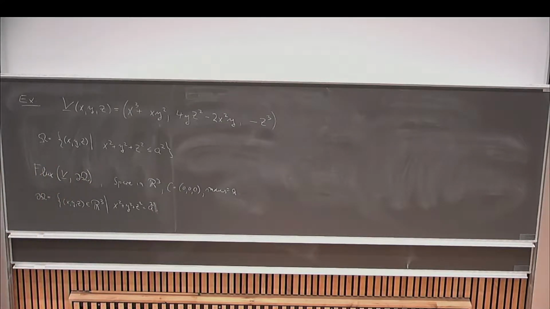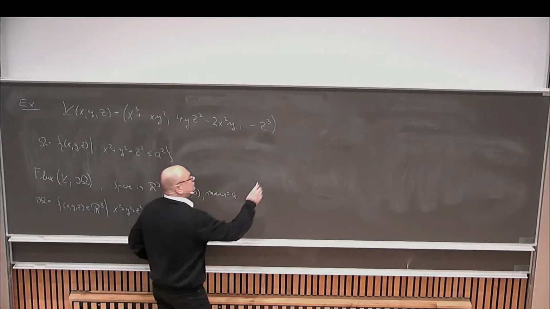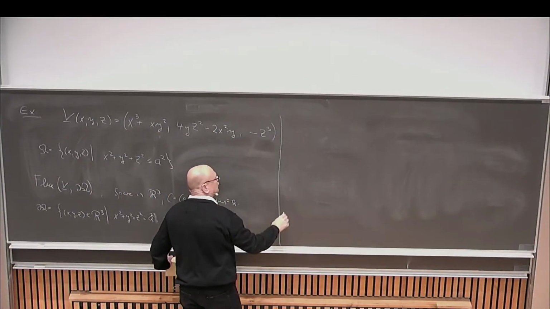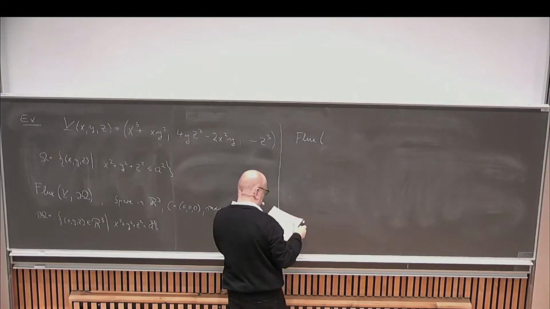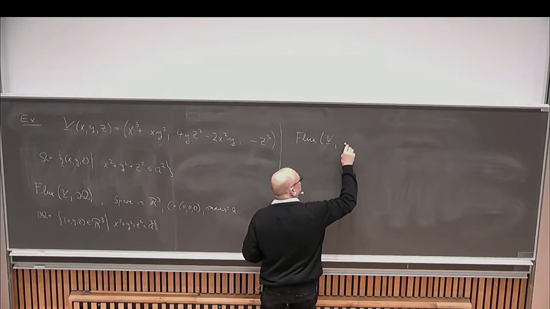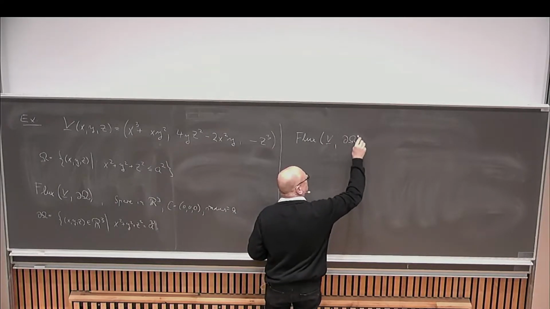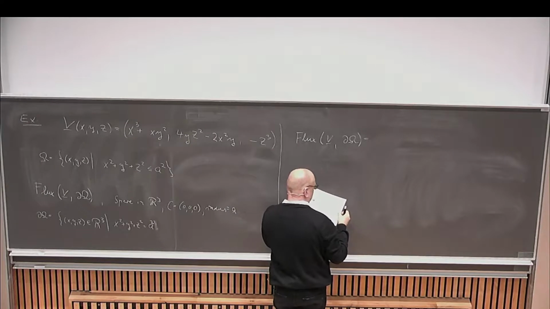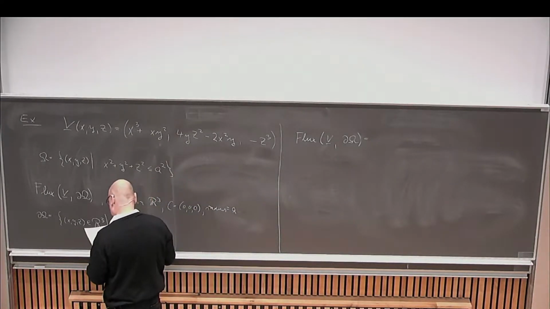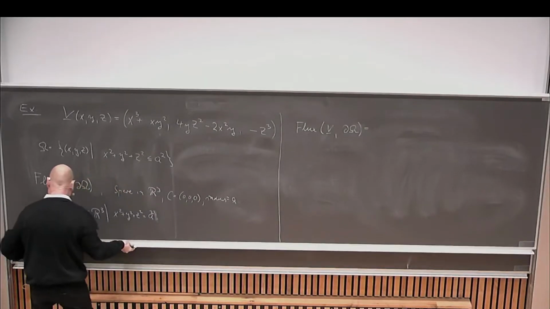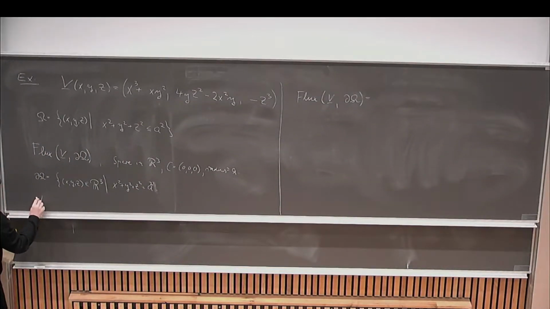And in order to compute this flux integral, if you should do it in the ordinary way, then you need to, let me write it down. You have the flux of your vector field, and I should first introduce the parametrization of this one.